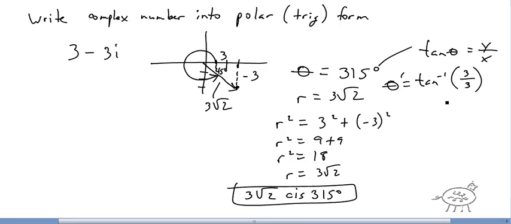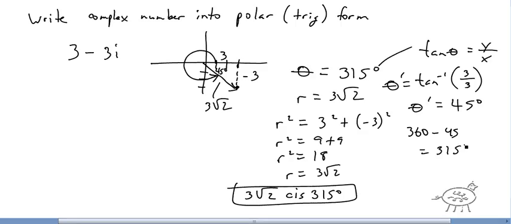And the inverse tangent of 3 over 3, as you know, is 1. Right? The tangent of what is 1? It's 45 degrees, because the tangent of 45 degrees is 1. And then because we know we're in the fourth quadrant, because it's 3, negative 3, you know it's going to be 360 minus 45, which is 315 degrees.